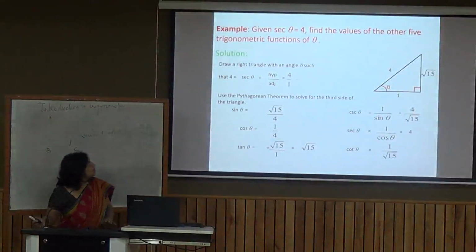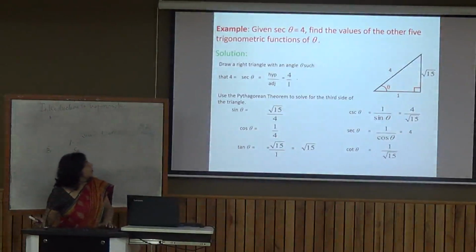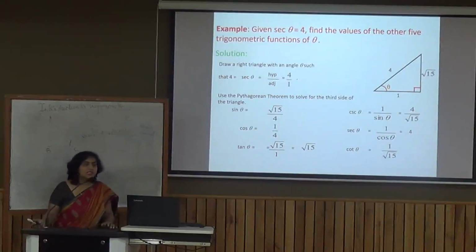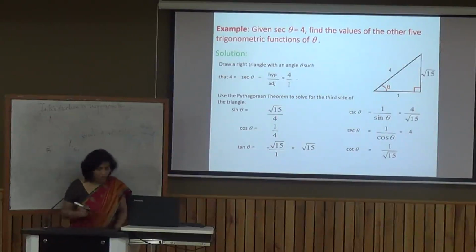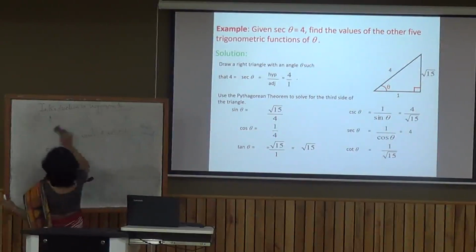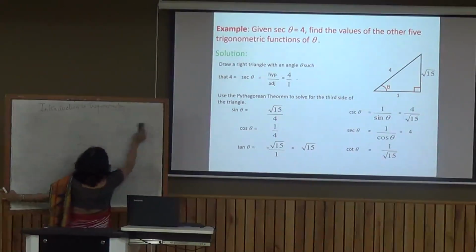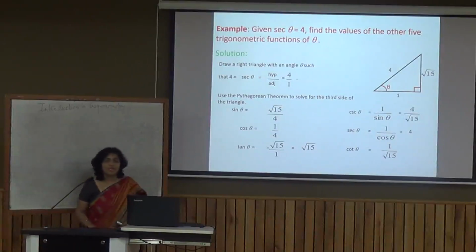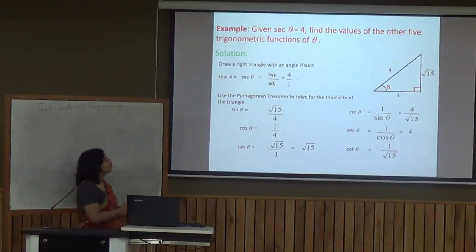So let's see an example. If sec theta is 4, we have to calculate the other 5 trigonometric ratios. When sec theta has been given as 4, students, there are two methods: as we have learned identities, either we do it with the help of identities or we do it with the help of a right angle triangle.